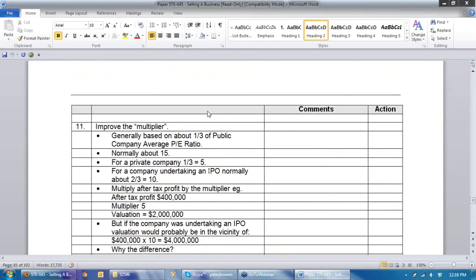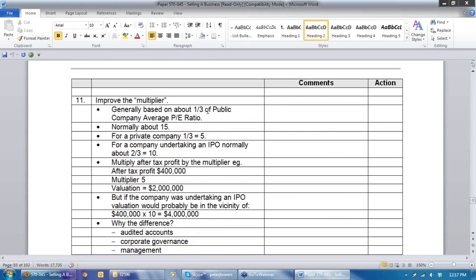And we've got an example there that if you were valuing a private company, you normally take about 1/3 of the value, the average price earnings ratio for an equivalent public company on the stock exchange. Now, traditionally the average on the stock exchange is around 15. So that would mean that for a private company, you'd be valuing a business at about 5 times the after-tax profit.